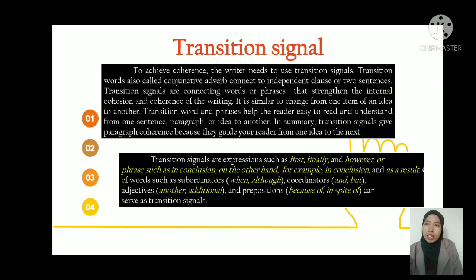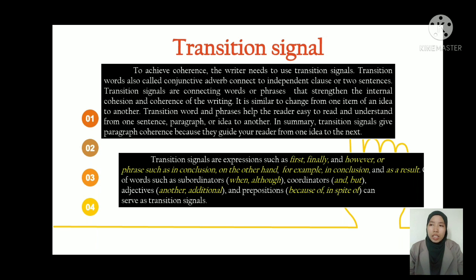The next material is about transition signals. To achieve coherence, the writer needs to use transition signals. Transition words, also called conjunctive adverbs, connect two independent clauses or two sentences. Transition signals are connecting words or phrases that strengthen the internal cohesion and coherence of the writing.